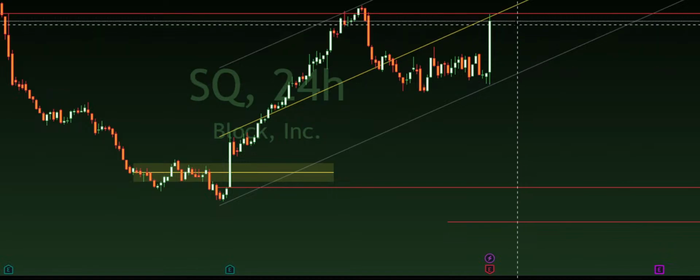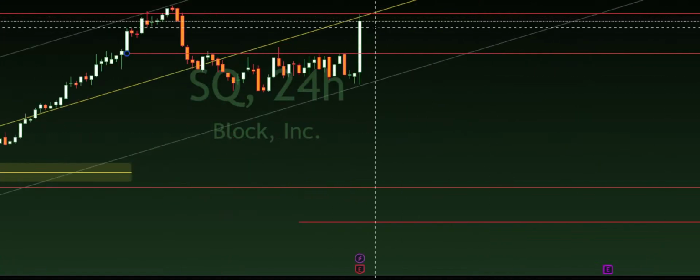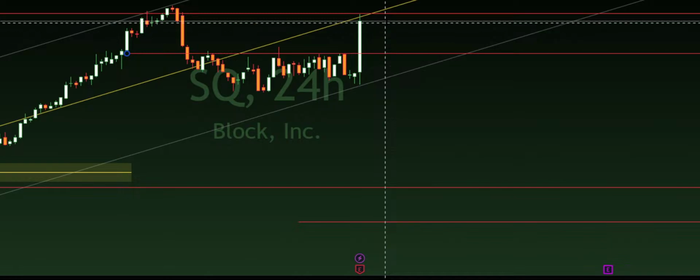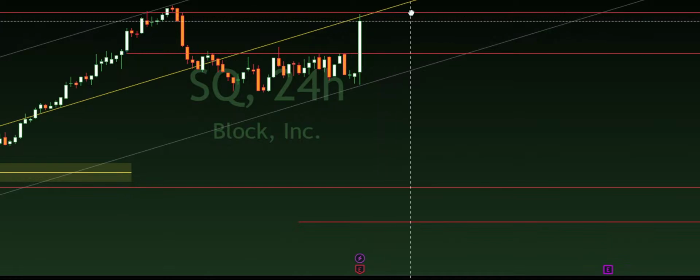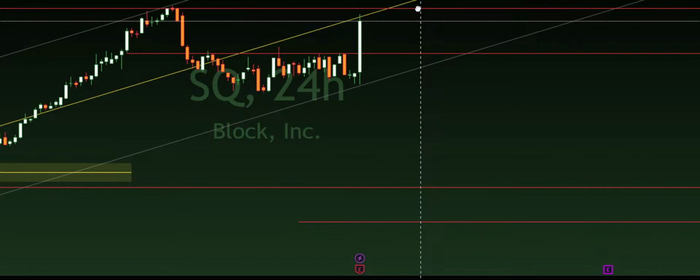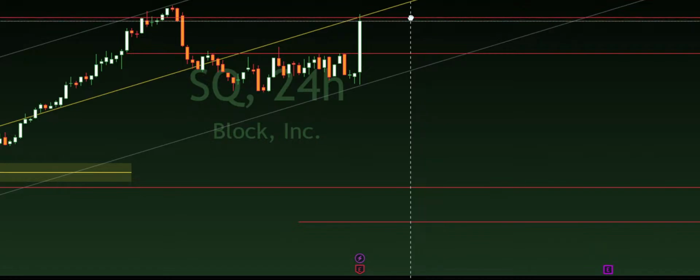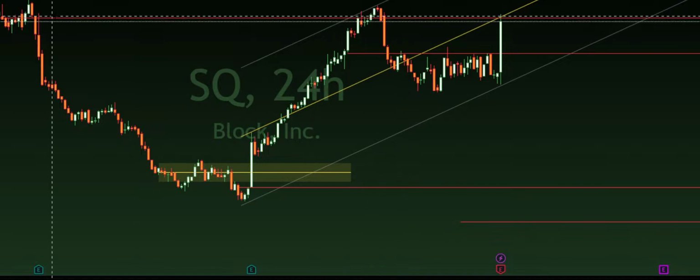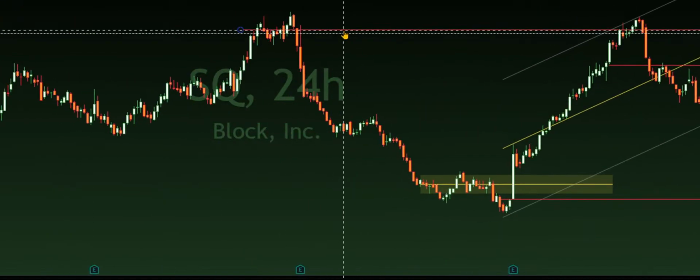Yes. Now where is that empty space? There. So SQ's game now, first of all, is to get up above 77.68. Basically we can go and look and cheat a little bit.